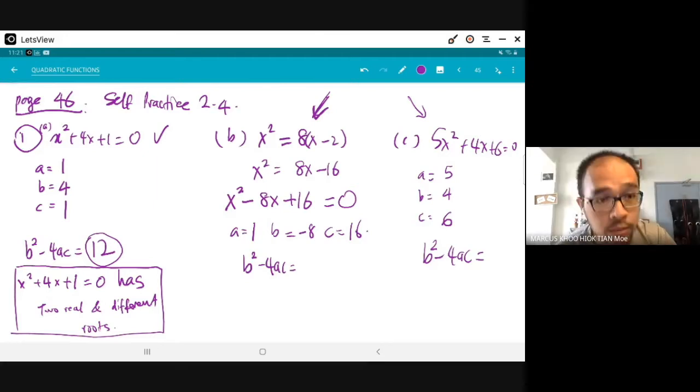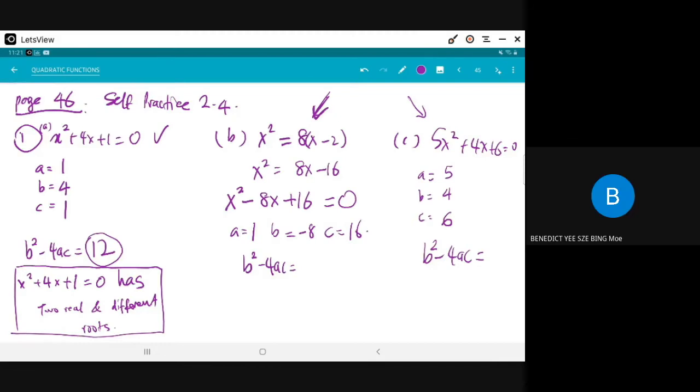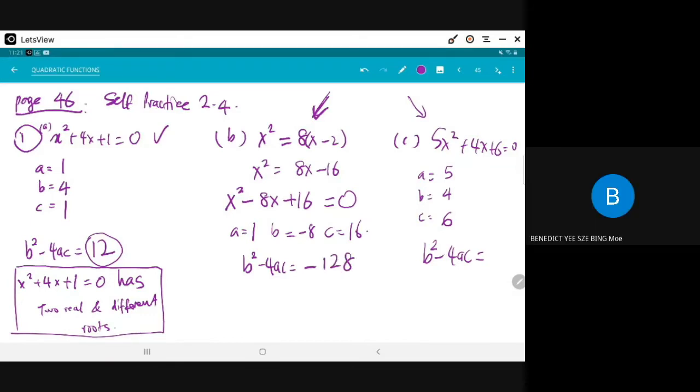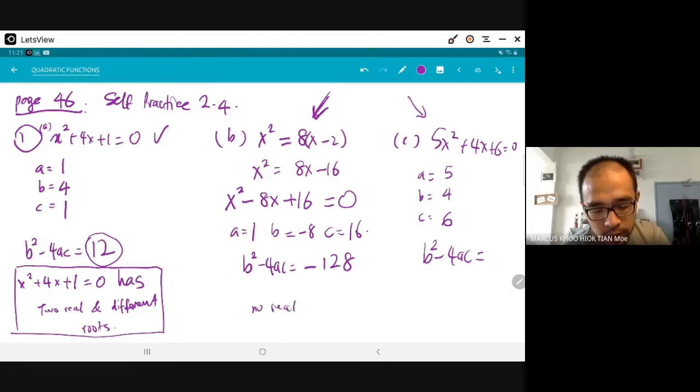Okay, question B, Benedict. What is the value of B squared minus 4AC and what is the interpretation? Negative 128. No real roots.